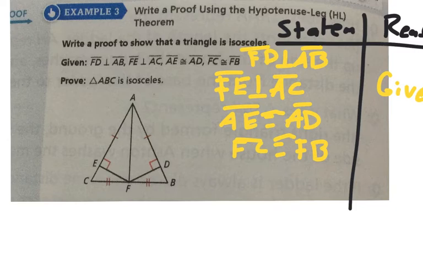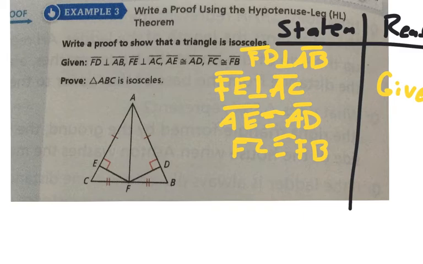Okay, so when I look at this figure, if I'm wanting ABC to be isosceles, then that means I need to show that AB and AC are the same measurement, right?